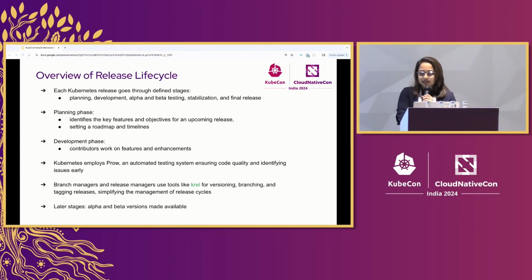Then Kubernetes has multiple release tools like Prow, which helps in automating the testing system, which ensures the code quality is top-notch, and any issues are identified early. There come the branch managers and release managers, who are responsible for keeping a separate branch for each of the releases and making sure that all of the things are tracked and each release is cut in a proper, efficient, and correct way.